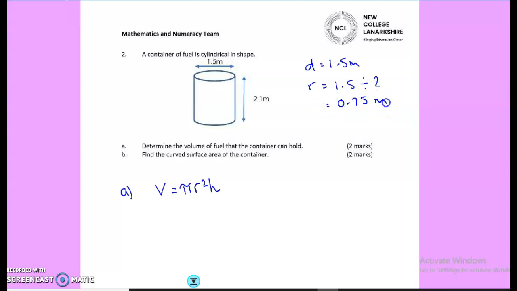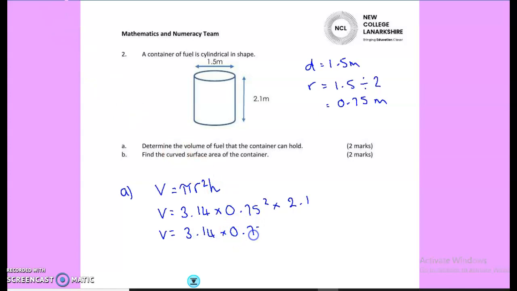Which is 0.75 metres. Okay, so my volume then is pi, which is 3.14 times the radius squared, so times 0.75 squared times the height, which is 2.1. Now remember, squared just means times by itself.